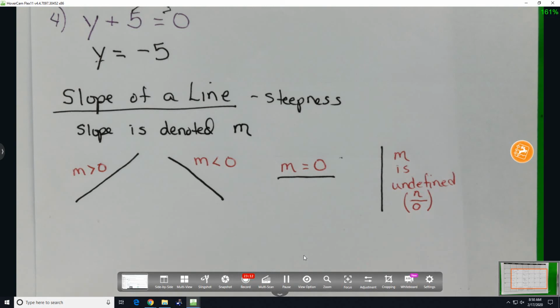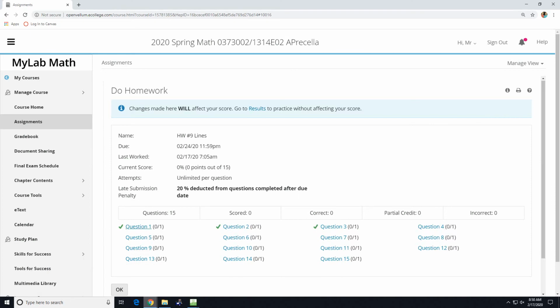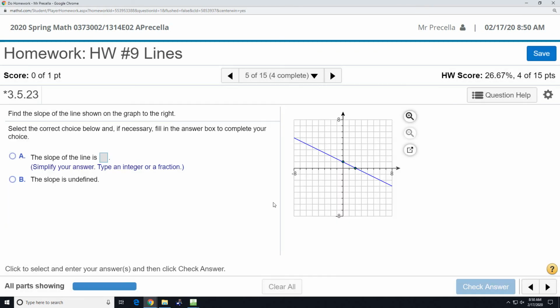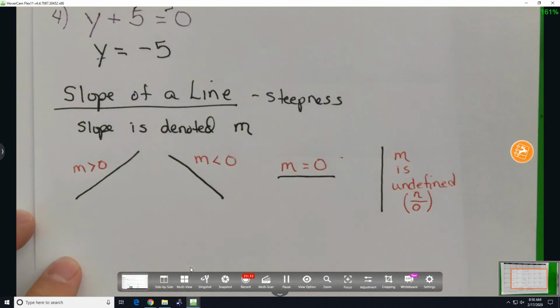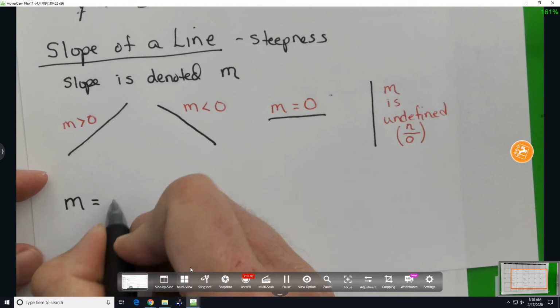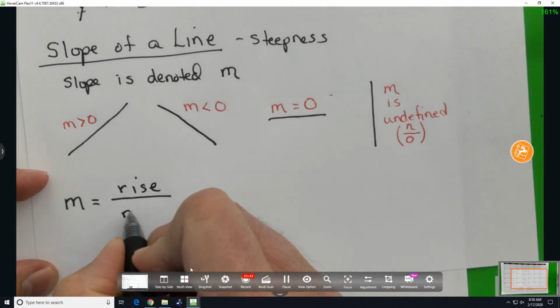The way we calculate the slope, go ahead and look at the next problem, number 5. There's two ways of defining the slope. One way, the geometric definition: slope is rise over run.